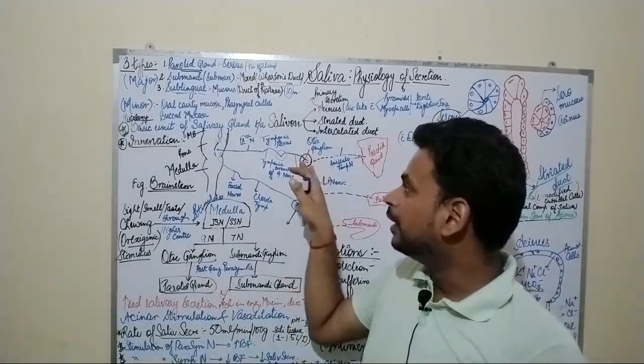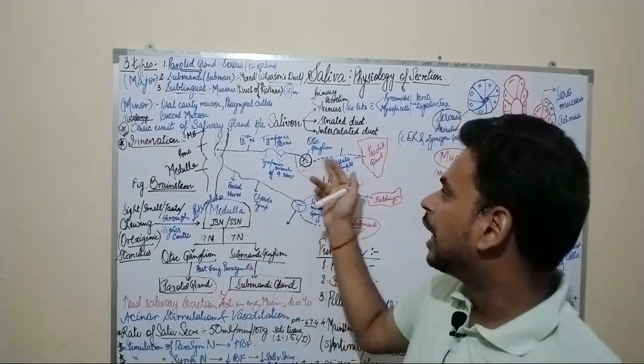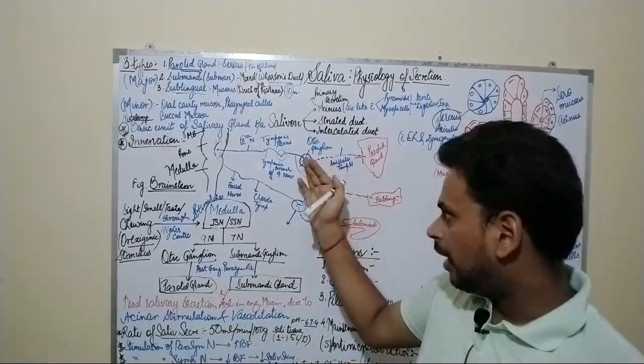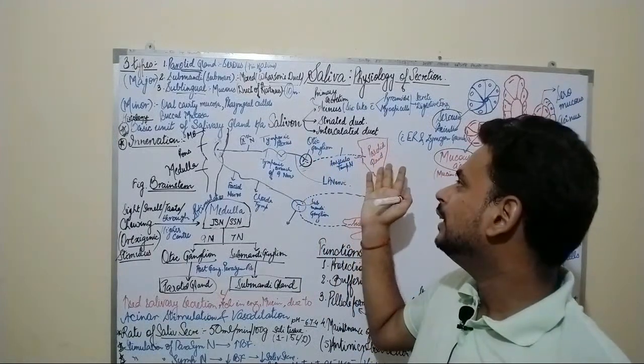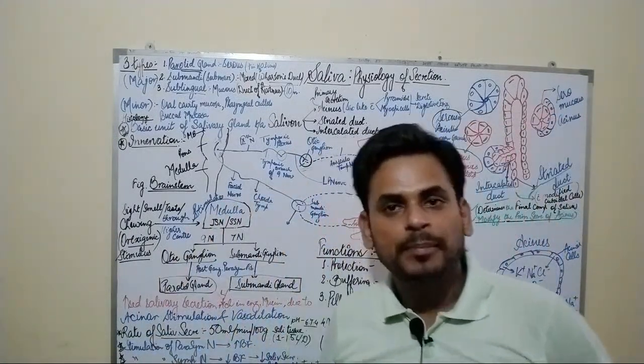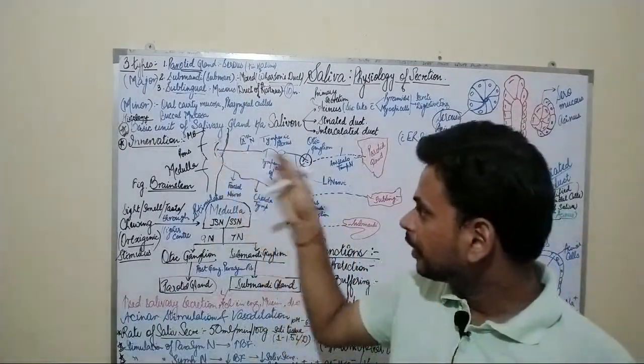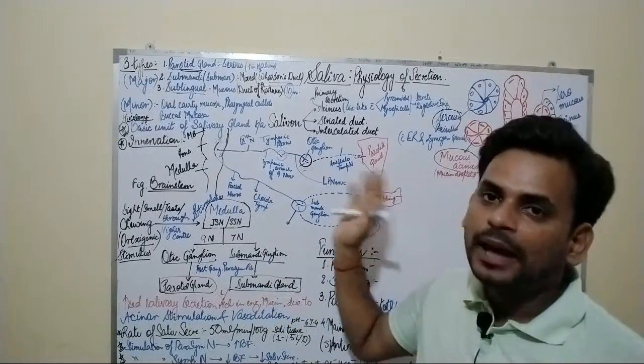From here, the postganglionic parasympathetic fibers, which are shorter, go and finally reach the parotid gland to cause the secretions from the parotid gland. So this was about how the secretion is carried out in the case of the parotid gland.